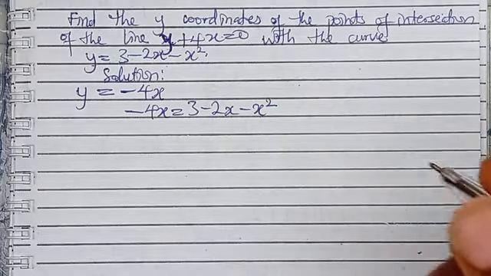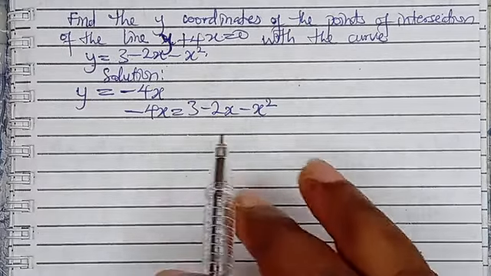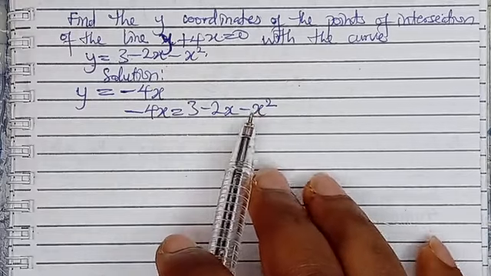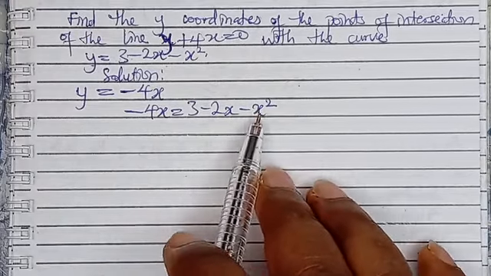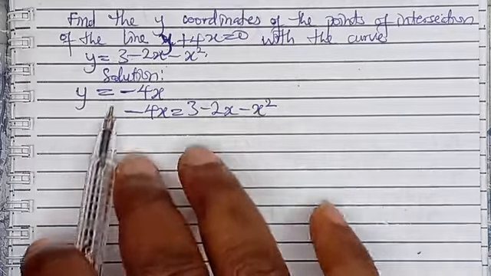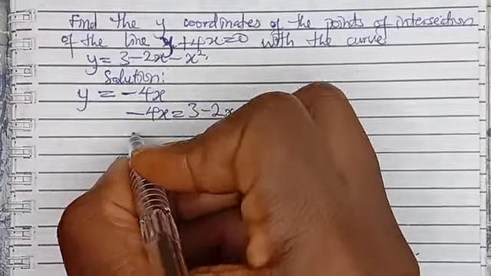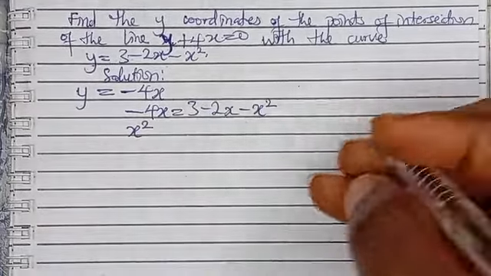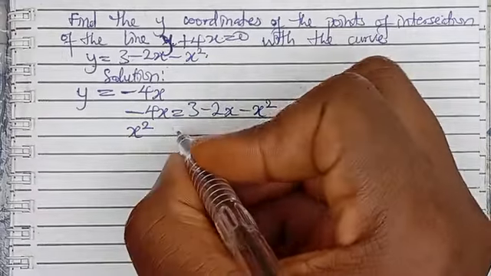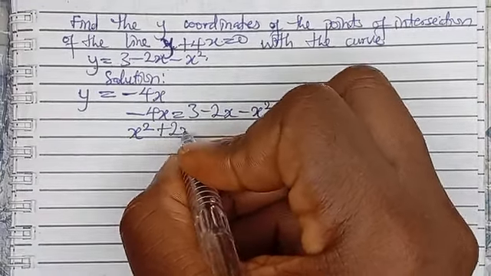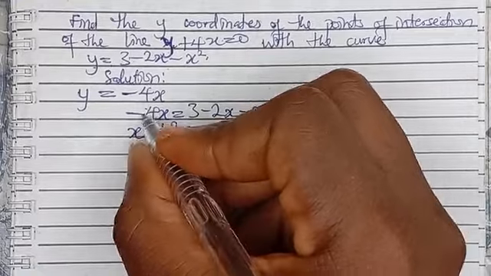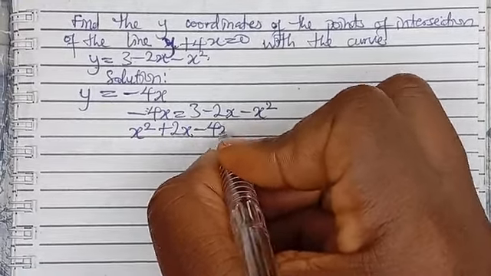Now is to collect like terms. I want to make the coefficient of x squared equal to 1 instead of negative 1 here. So I'm going to send everything over to this side. Minus x squared crosses over to be x squared. Minus 2x crosses over to be plus 2x. Then this term, which is already on this side, minus 4x.